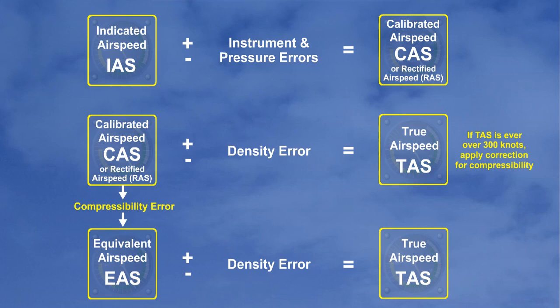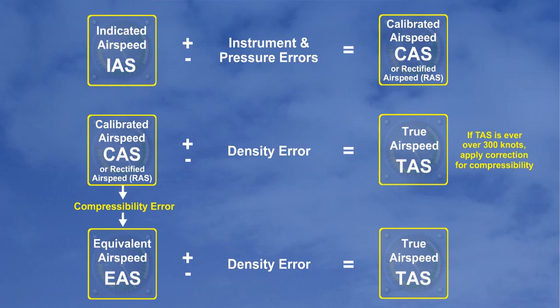Air is compressible, and at high speeds the air compresses when brought to rest in a pitot pressure system. Consequently, the pressure sensed will be artificially high, which will cause the ASI to overread. Near the speed of sound, the error can be more than 20 knots.